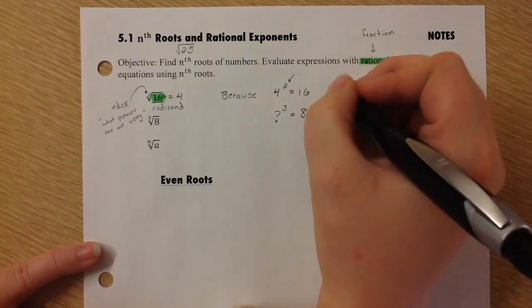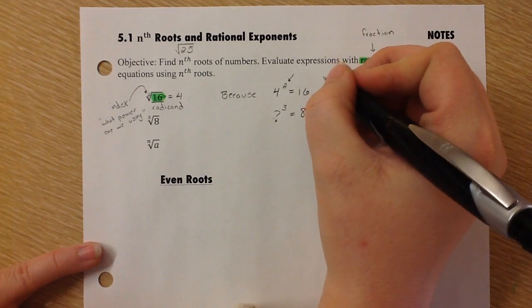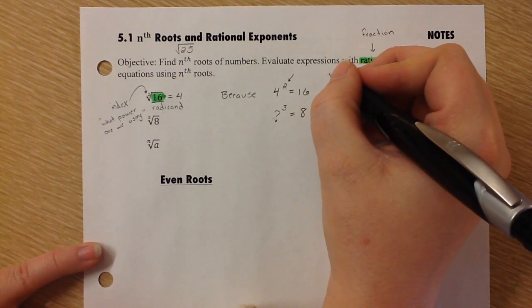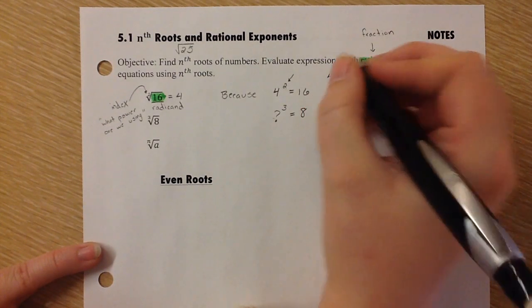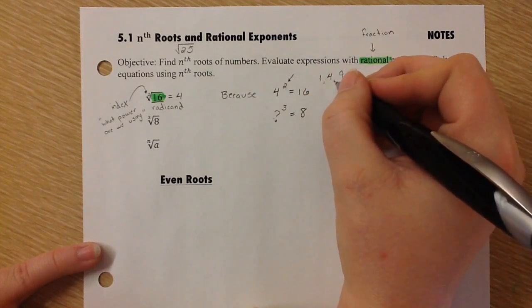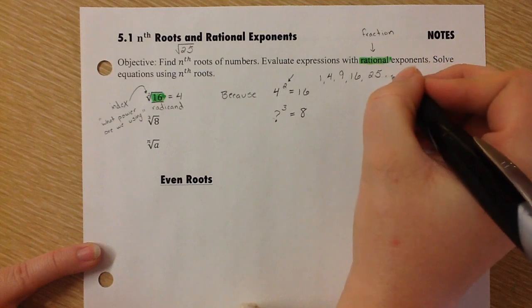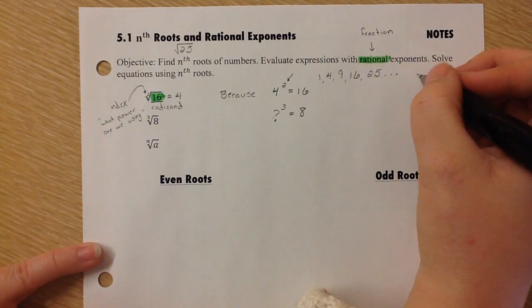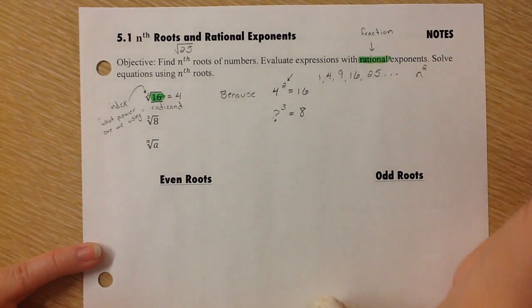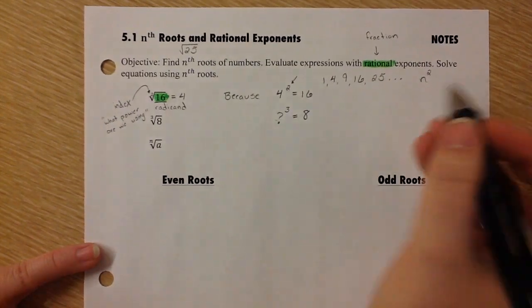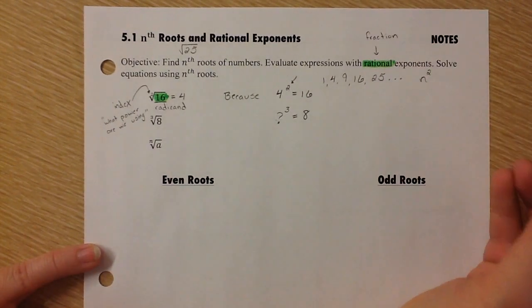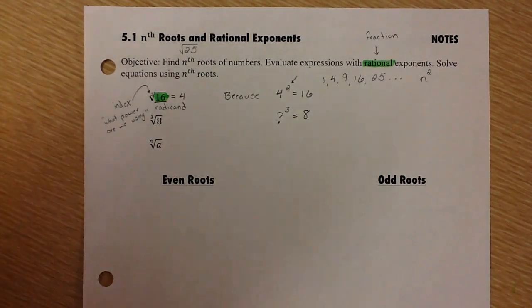Like, we know our squares, for the most part. 1 squared is 1, 2 squared is 4, 3 squared is 9, 4 squared is 16, 5 squared is 25. These are our squares, something to the second power. We know those. Our thirds we might not know as well, so this is where our calculator can come in handy.